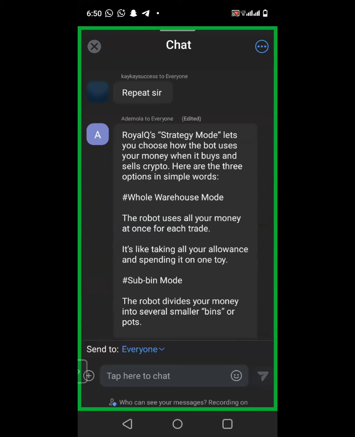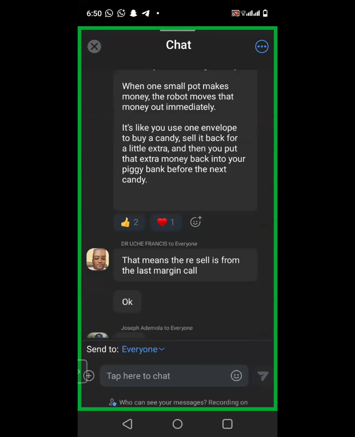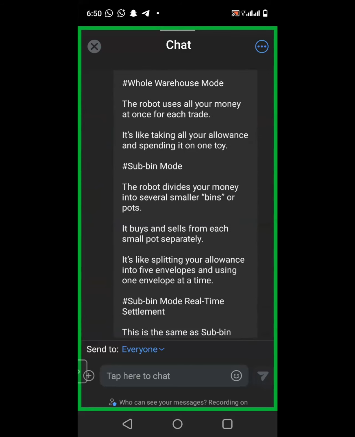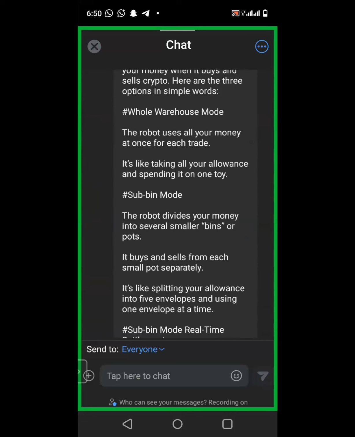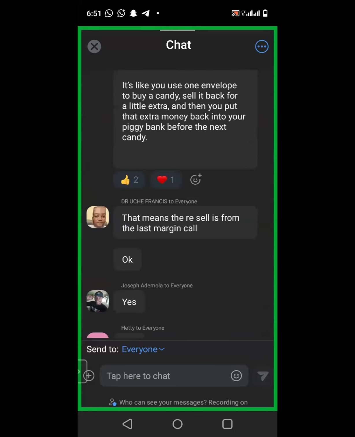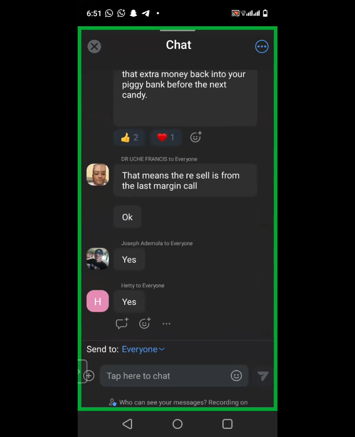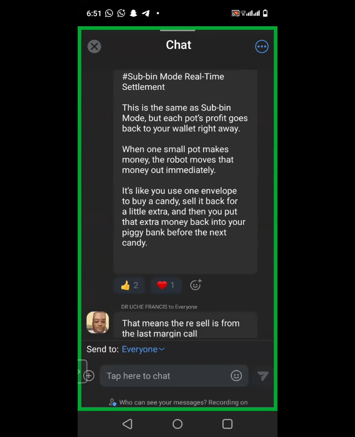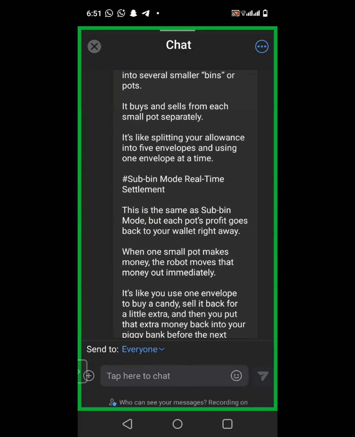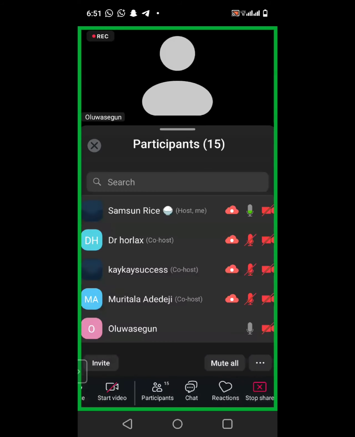Okay, look at what RoyalQ lets you choose. Okay, it has been explained here. The robot divides money into several cells. Thank you. God bless you. Please, I think somebody is talking underneath.